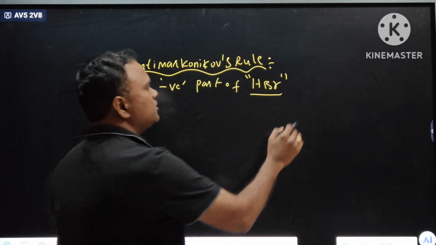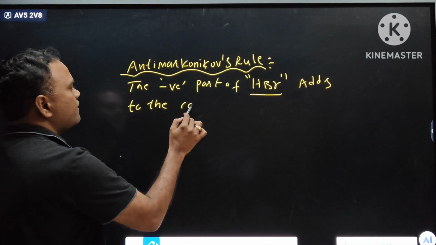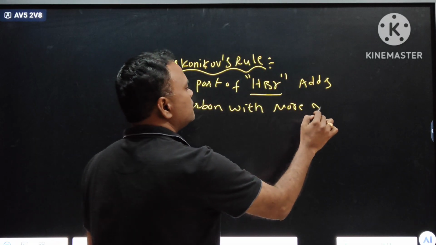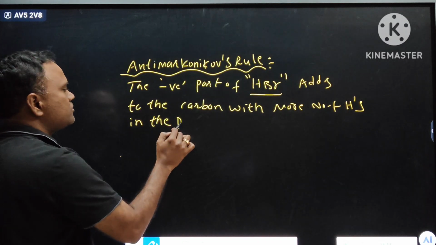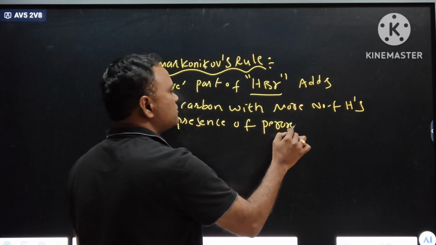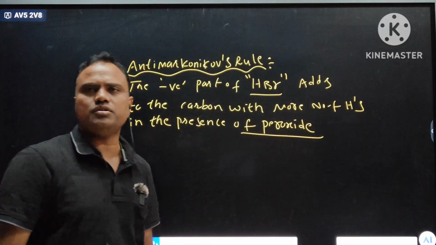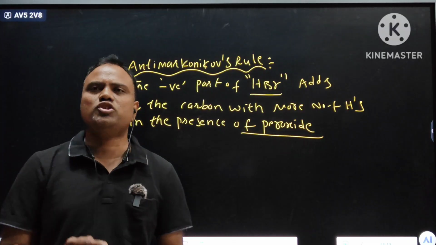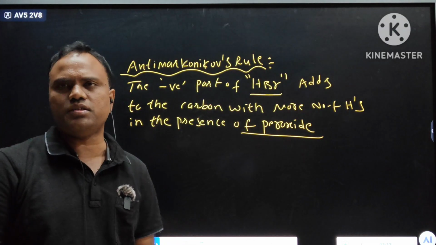The negative part of HBr adds to the carbon with more number of hydrogens in the presence of peroxide. This is a very important condition, peroxide. So when you observe HBr along with peroxide, then add HBr according to anti-Markovnikov's rule. Clear? This HBr and peroxide set is mandatory.